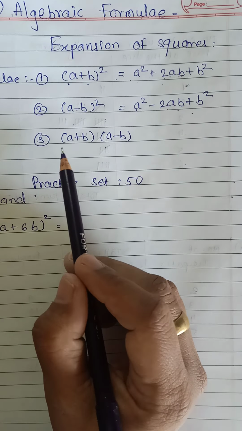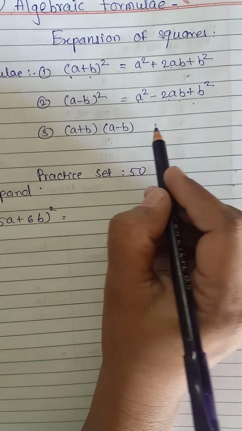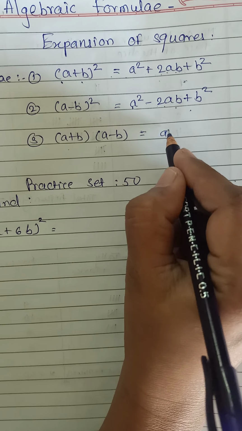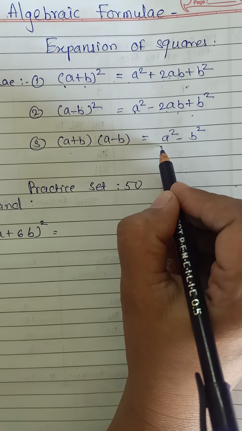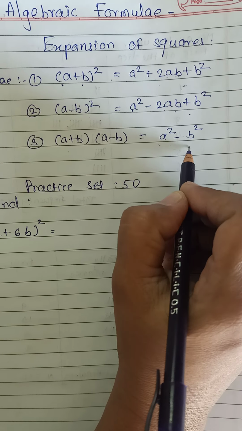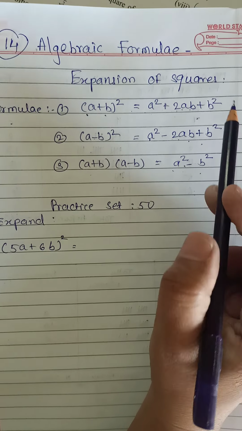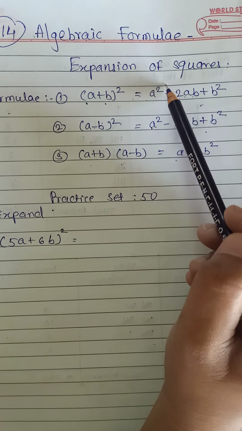Now the third formula is (a + b) into (a - b). Here the expansion is a square minus b square, that is the first term square minus second term square. Using these three formulas we have to solve the exercises from the 14th lesson.